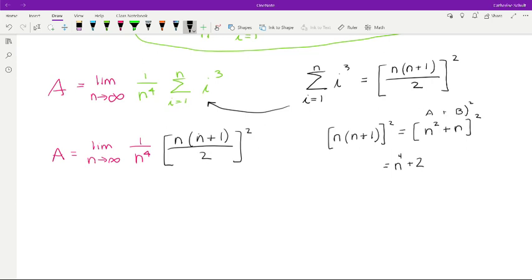Let me do it in a different color for those of you that are feeling a little bit more confident. A plus b squared is a squared plus 2ab plus b squared. So n squared squared plus 2ab plus b squared, and I'm going to put that in the numerator.